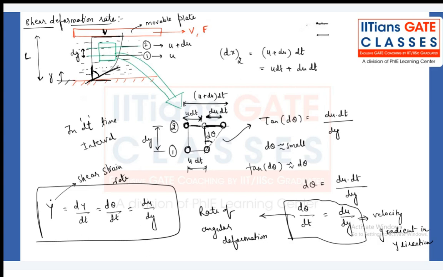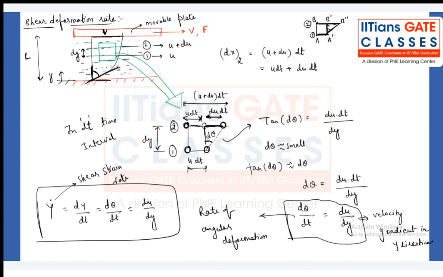Let's suppose you have two fluid particles, A and B. The moment the fluid is moving and has more velocity, definitely it will travel more distance and it will deform this much only. The deformation in this fluid element for the first layer will be this much only. For the second layer, this much deformation will be there. What is the extra deformation? By this, the fluid layer AB is getting deformed to A dash, B dash, B double dash.